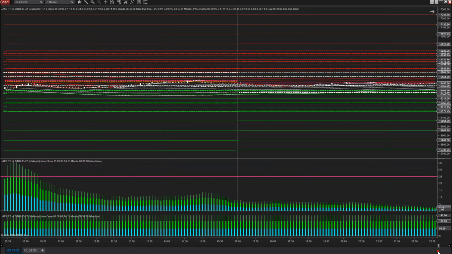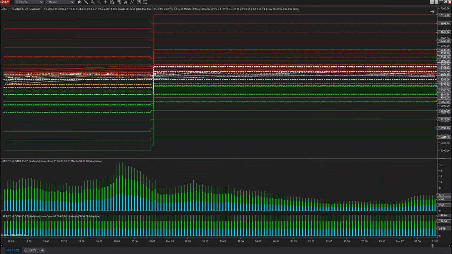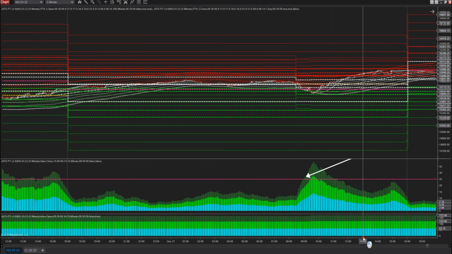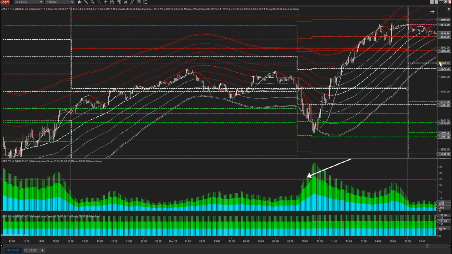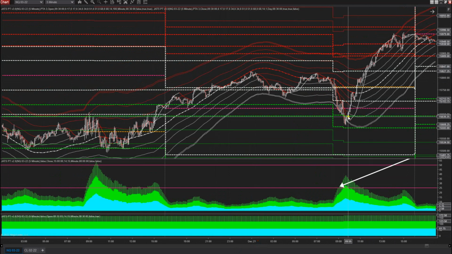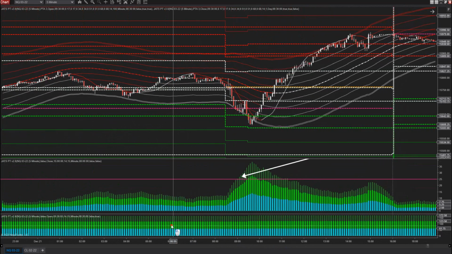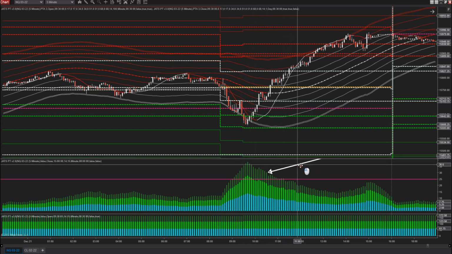Go back and find that place. And here was another example where it got below the linear regression and walked lower, but then your deceleration started coming in, signaling that that down move was over.